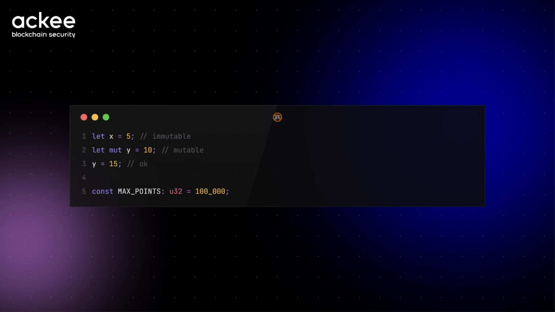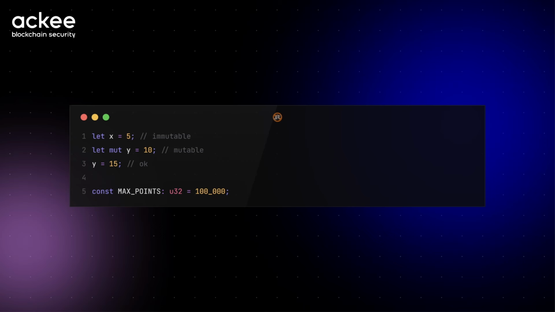The second one is really similar, but it also contains the mut keyword that specifies that the variable is mutable. You can see it on the third line where we assign 15 to the second variable. That's why we are talking about mutability or immutability. All of the variables are immutable by default.